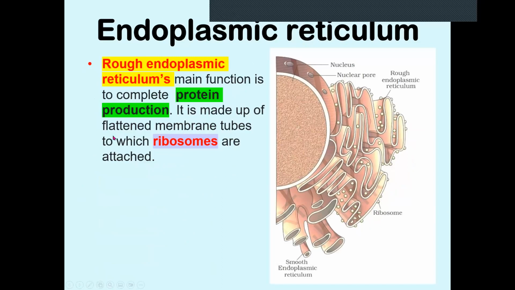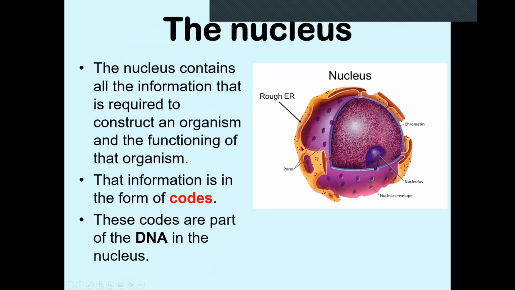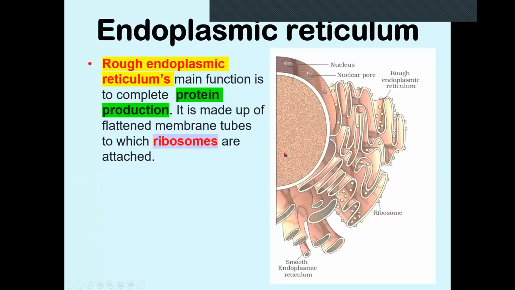Now, this is all for protein production. The endoplasmic reticulum is quite flat. If you go back, here's your endoplasmic reticulum, this orangey thing. I think it's a slightly different diagram.